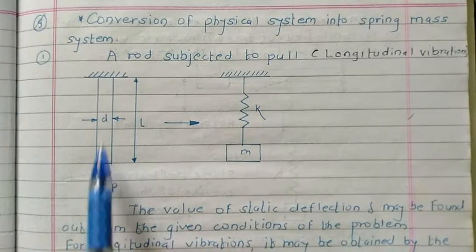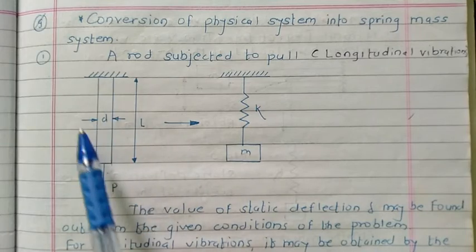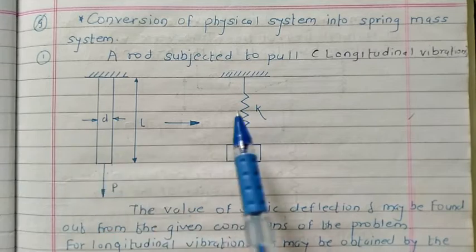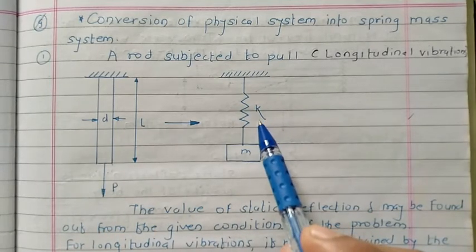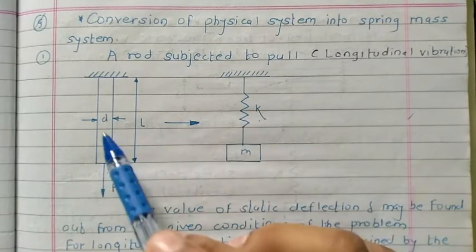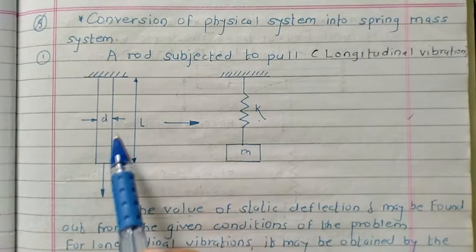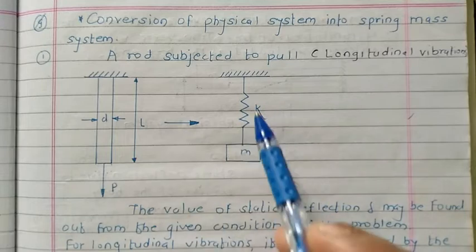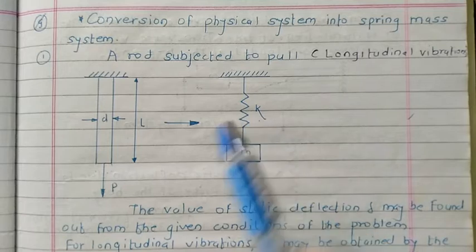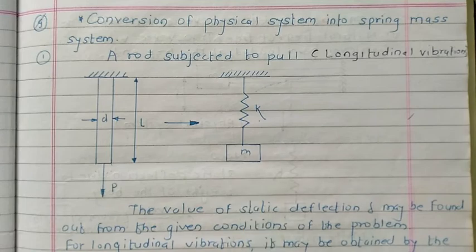Whatever stiffness is possessed by this bar, we can show by the letter K. We can straightforwardly replace this by a spring, and whatever mass is available in the system, we can show by M. So this is the physical system, and we can show it by this spring mass system. Once we get information regarding K and M, we can get the information regarding the frequency.